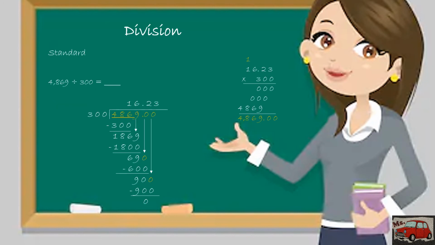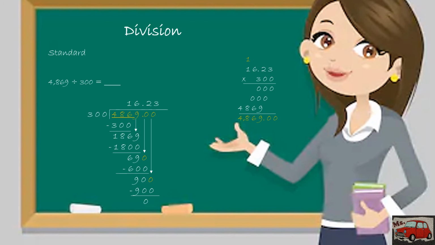Okay, this is our last example. So I have here 4,869 divided by 300. And we'll use the standard way. So the 4,869 will be inside, 300 will be outside. Since I can't get 300 from 4 and 48, I will now use 486.